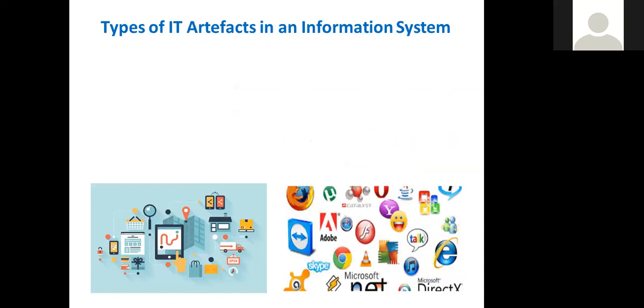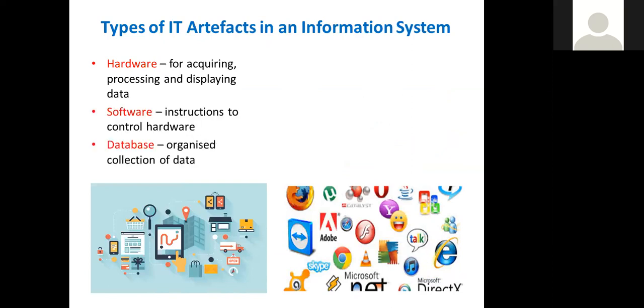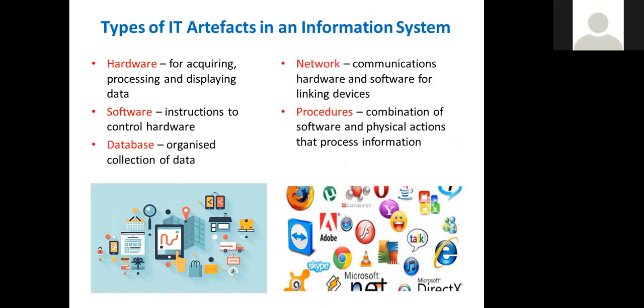Again, looking at the components of an information system: hardware, software, databases, networks, and procedures. So networks is a new addition in this slide. An information system needs to communicate with other computers.